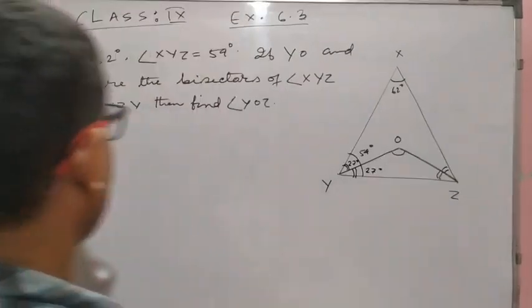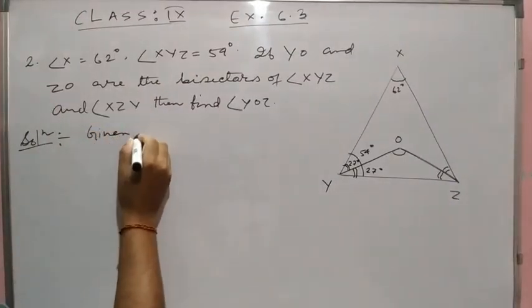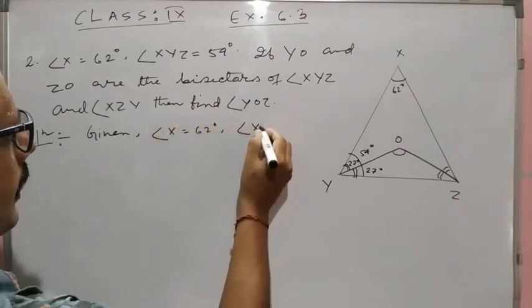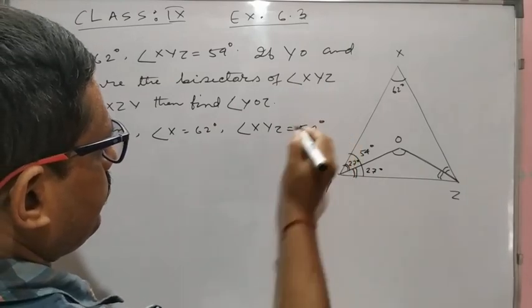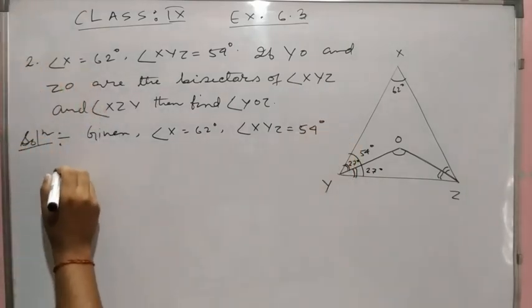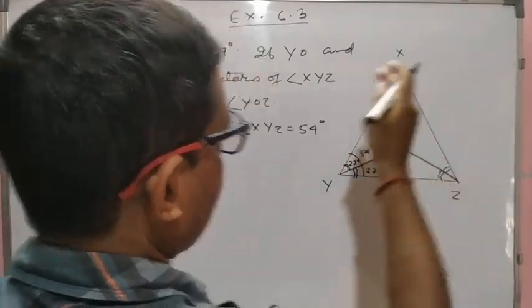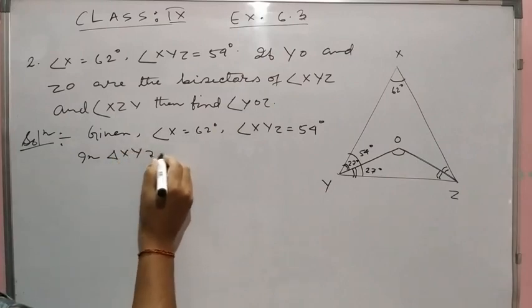So see the solution, how to do it. Solution: given angle X equals 62 degrees, angle XYZ equals 54 degrees. Let us apply the angle sum property in triangle XYZ.